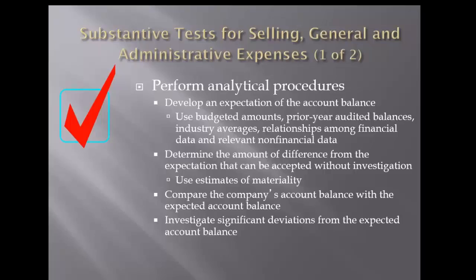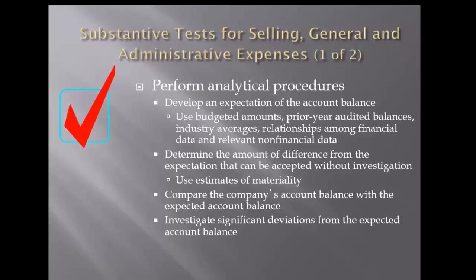We want to compare the account balances with the expected account balance. And again, where's the expected account balance going to come from? Well, if you consider the ratios that we've had in prior years, we can have a target for an account balance, and if the account balance is within range, then we're going to be fine.